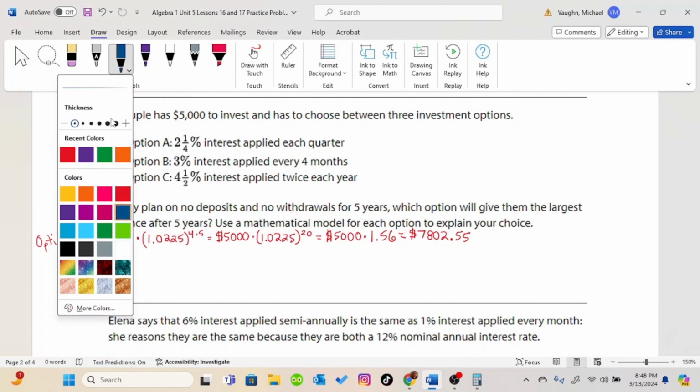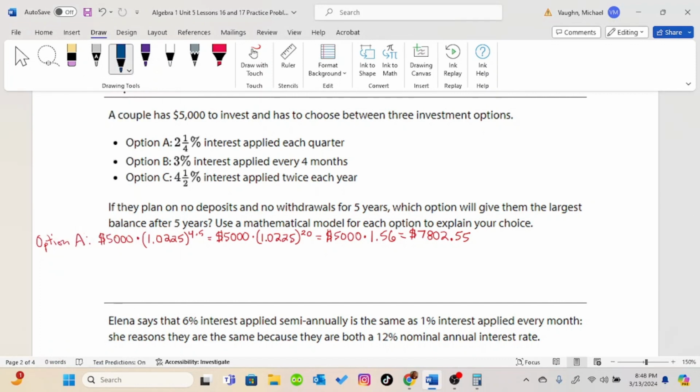Now we can look at option B. Again, we start with $5,000, but this time the growth factor is going to be 1.03 because it's 3% interest.